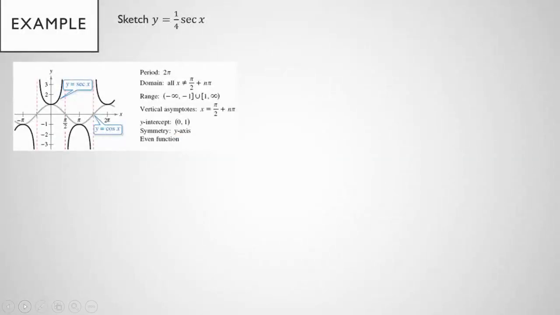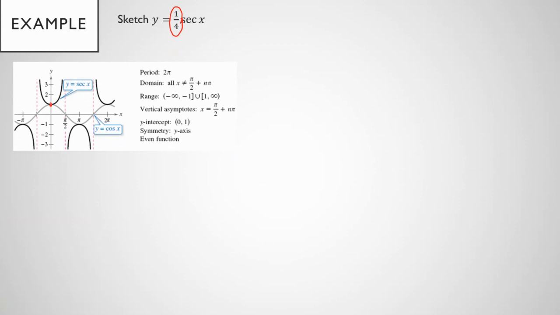So first example, sketch y equals 1/4 secant of x. This is easy enough to do just by shifts or using the rules of transformations, because the only thing that's changed here is that 1/4. That's just changing our y values.